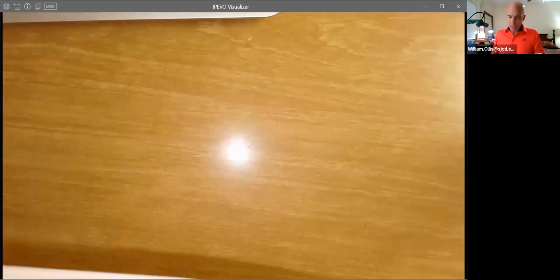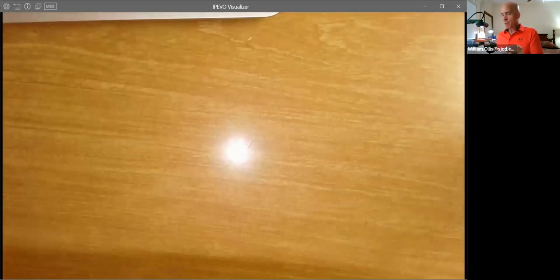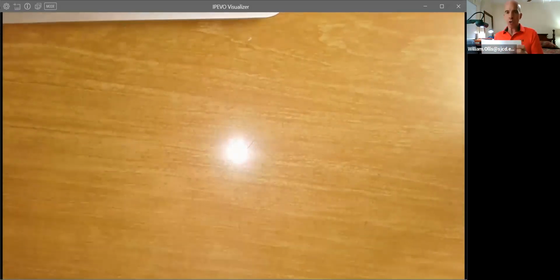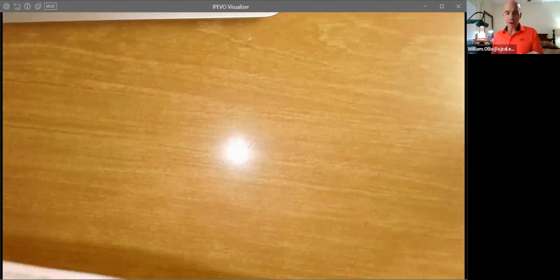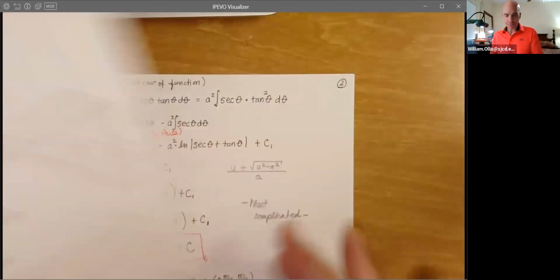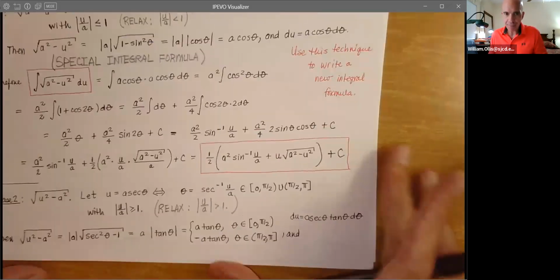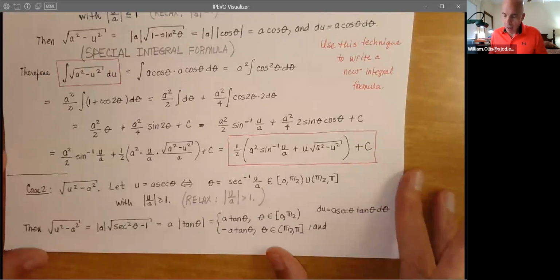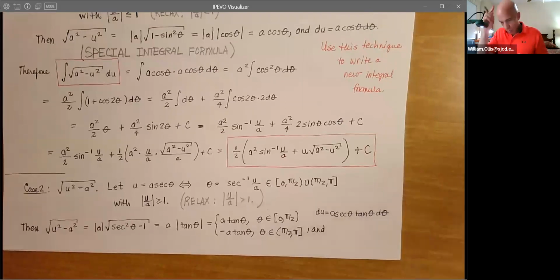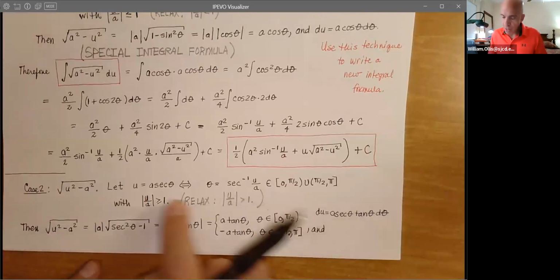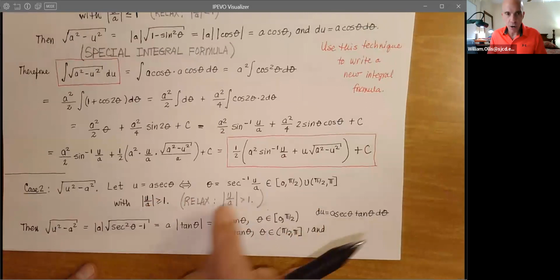So the particular integral that I wanted to do was the one that I've spent the most time on because it's the worst. Let's start with this. And I want to go through the steps with it. All of this part right here has to do with what we've already talked about.